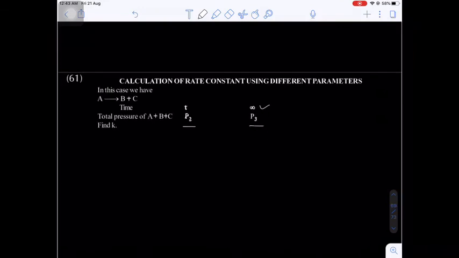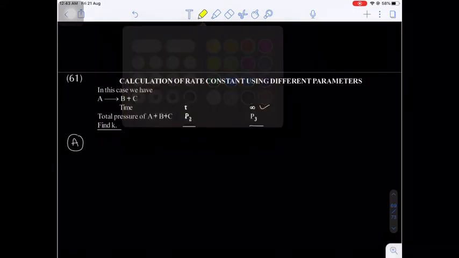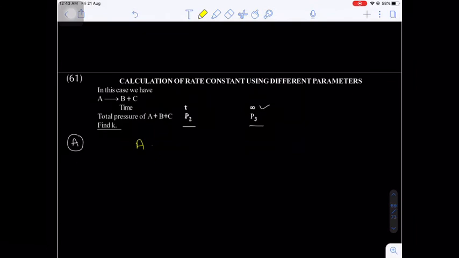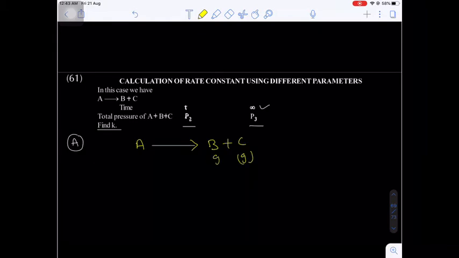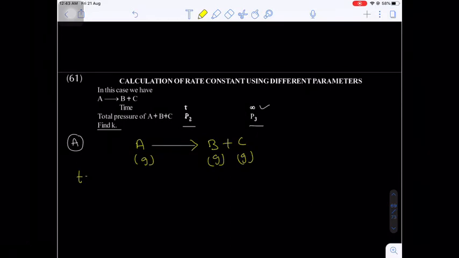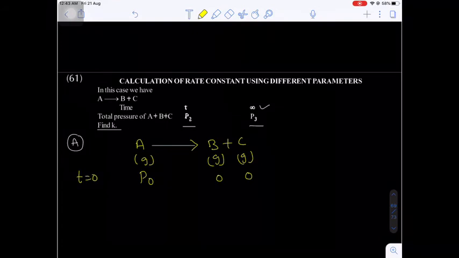We have to find K, the rate constant. First of all I am writing the equation: A gives B plus C. All the species are gases and the stoichiometry is 1:1:1. Now initially at time 0, let's suppose I am taking the partial pressure of reactant A as P0 and the products as 0.